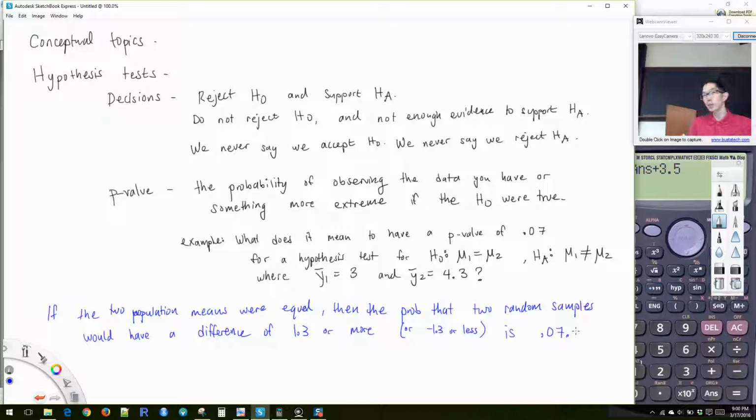So the probability of getting our data, or something more extreme, which means getting a difference of positive 1.3 or more, or negative 1.3 or less, is 0.07.